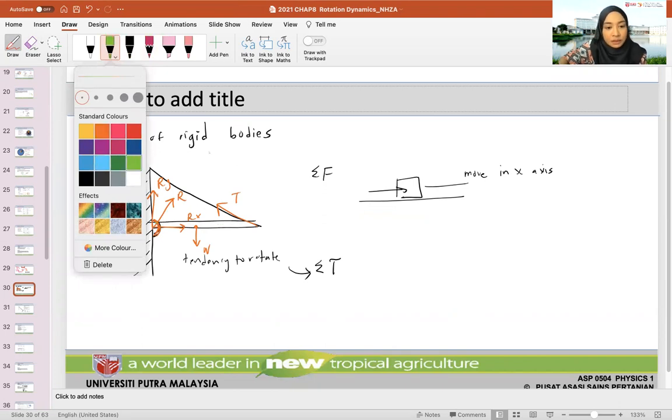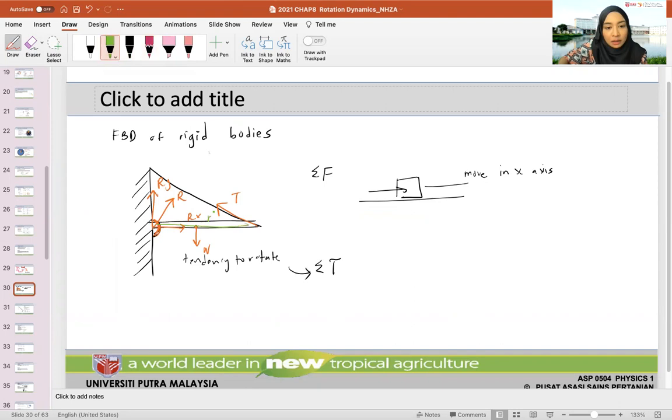Green. Okay. So I need to know what the R is with respect to the axis of rotation. This is going to be R1. This is going to be R2. And the radius of my reaction force is going to be 0, because my reaction force is exactly on the axis of rotation. So the radius is equal to 0, which means it does not have any torque.